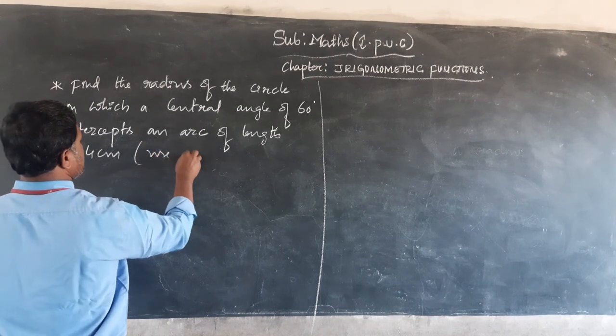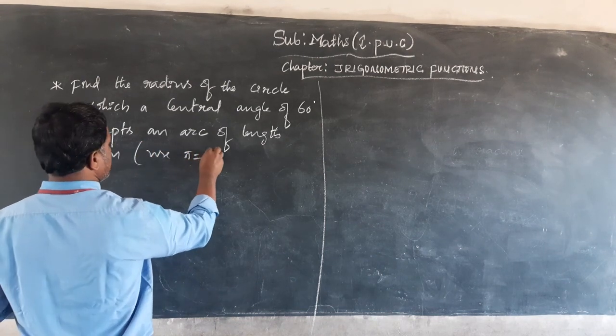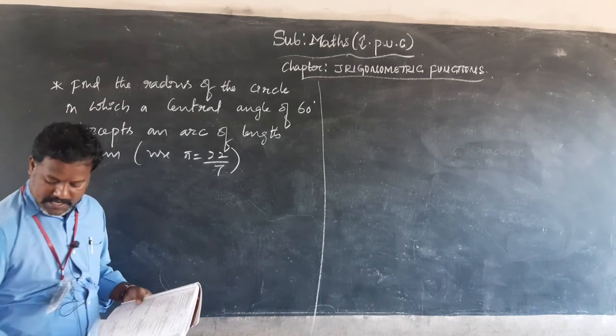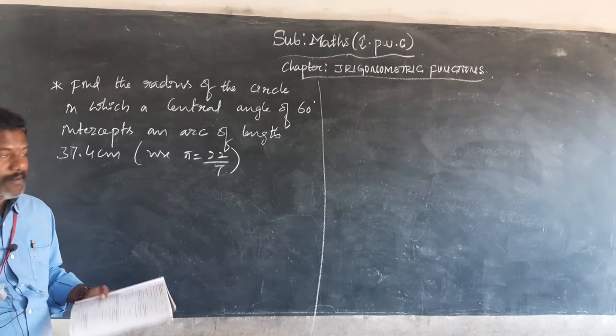Here they are given one hint, that is pi value 22/7. Children, I think it's very simple problem.